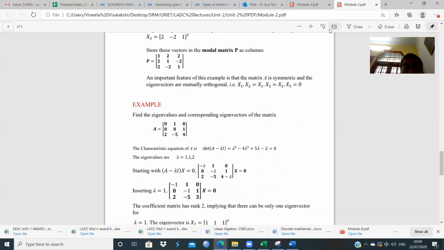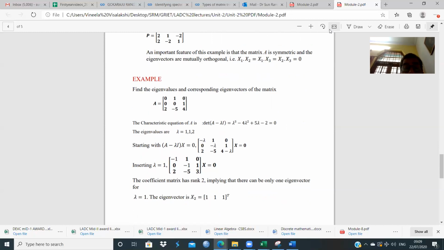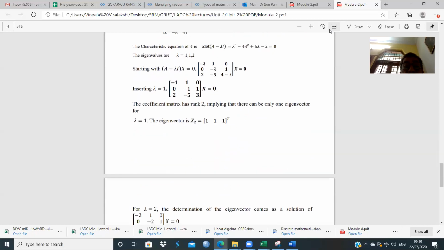There is a second example which I have selected. In this case, you can see that there's a multiplicity of eigenvalues. Lambda is equal to 1 is repeated twice, and there's a distinct eigenvalue 2. When we take lambda is equal to 1 and find its eigenvector, the coefficient matrix has a rank 2.